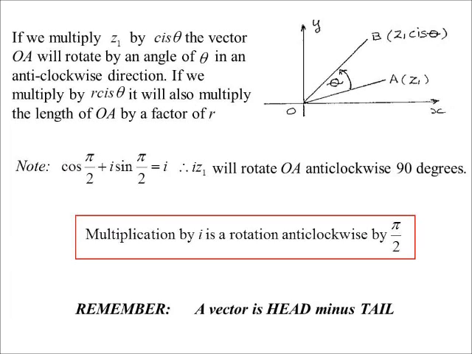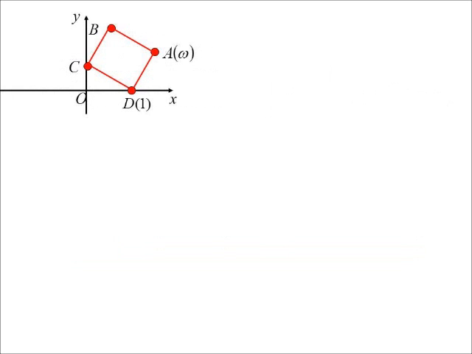However, vector is head minus tail, so I'll mention that again. That's important. So here I've got a shape. We know D is the point 1, A we're calling omega. And I think it's meant to be a square. I didn't write it there, but I think from memory this shape is a square. Yes, it must be, because I'm saying vector. Now here's how we write vectors.